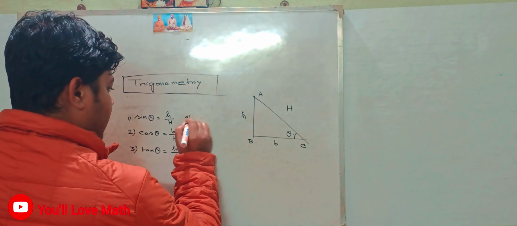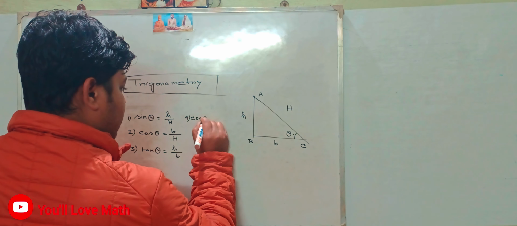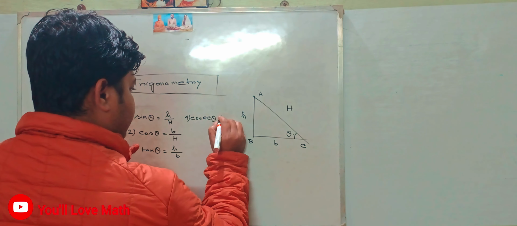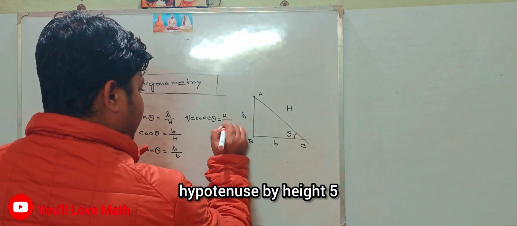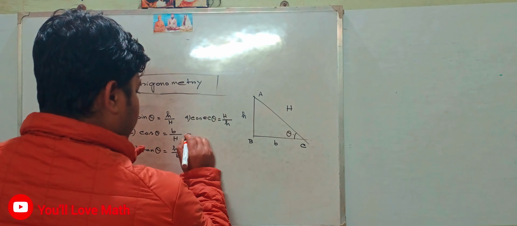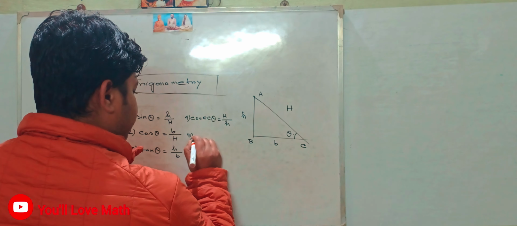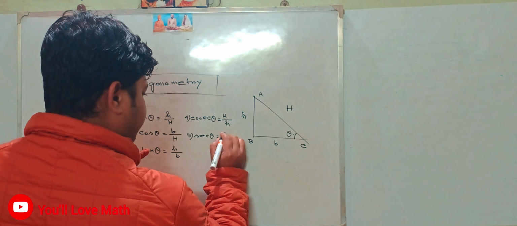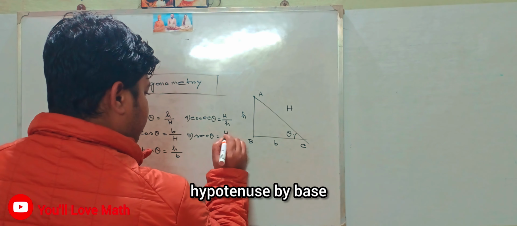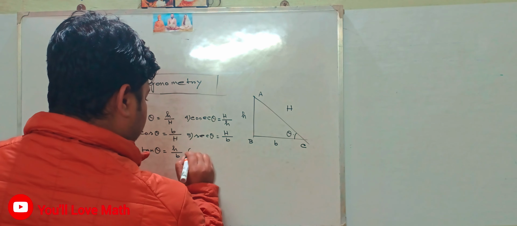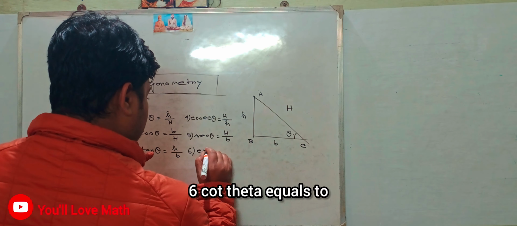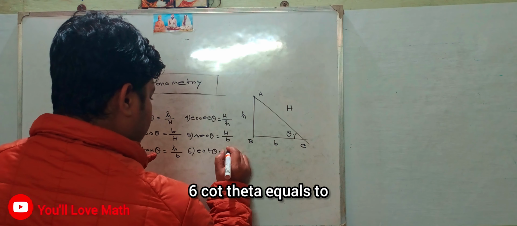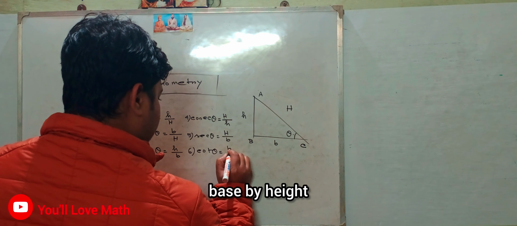Four, cosec theta equals hypotenuse by height. Five, sec theta equals hypotenuse by base. Six, cot theta equals base by height.